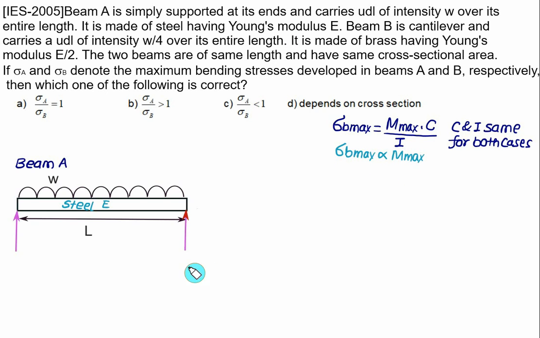In this case, beam A is made up of steel having Young's modulus equal to E, and we have two supports and a UDL equal to W. So the reaction is the same at both. Total downward force is W into L, so the reaction is WL by 2 at each support. The maximum bending moment we can confirm from the shear force diagram.